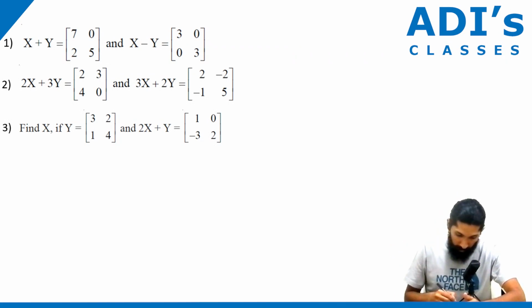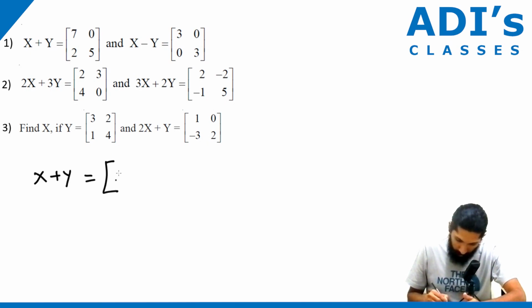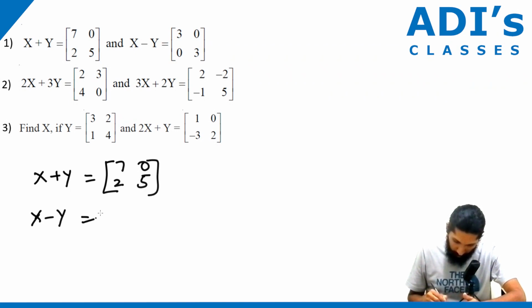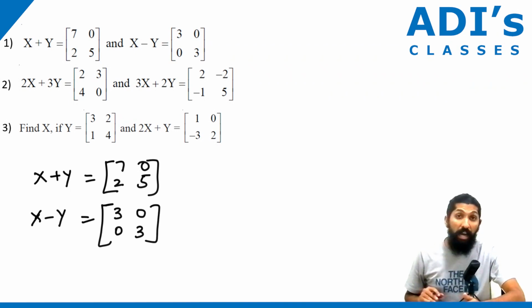So here, the first thing you have is x plus y is equal to 7025. x minus y is equal to 3003. Guys, add both the equations. If you add both the equations, y and y get cancelled, so you'll get 2x, right?